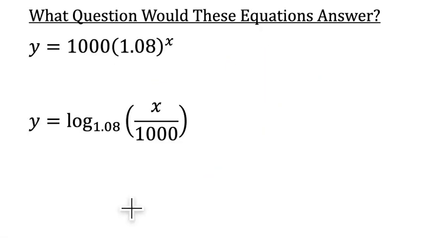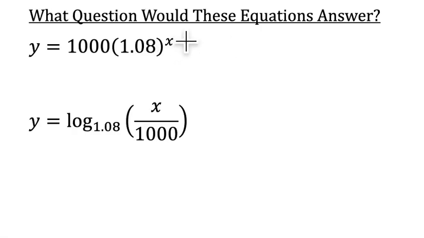Now bear with me for just a moment while I emphasize why inverses are helpful. Here we have two equations that are inverses. They both represent starting with $1,000 with 8% growth. The first equation will help us calculate how much money we will have after, say, 30 years.